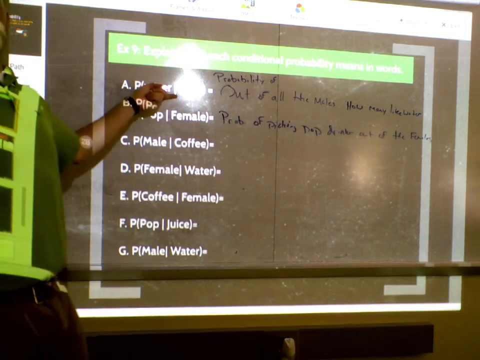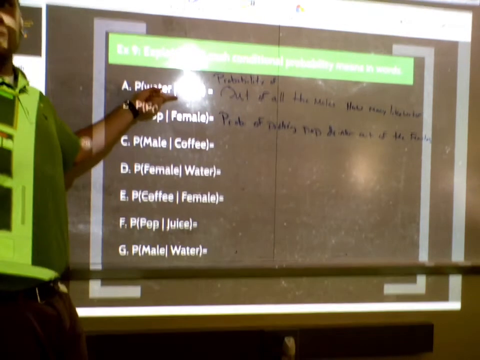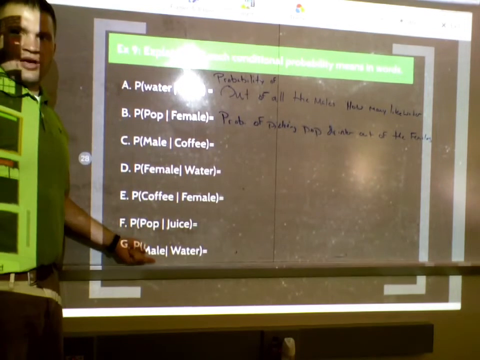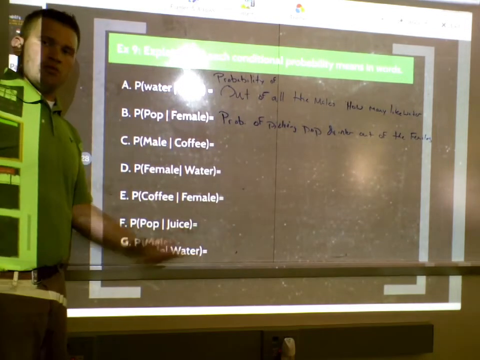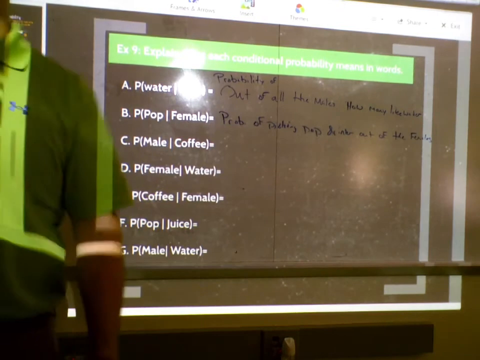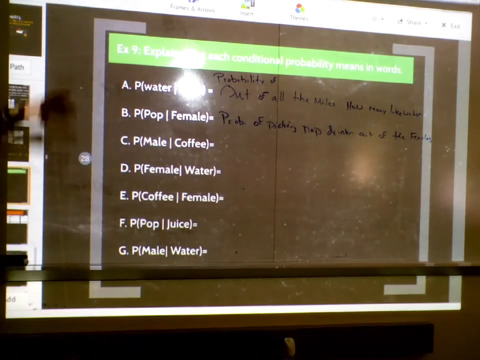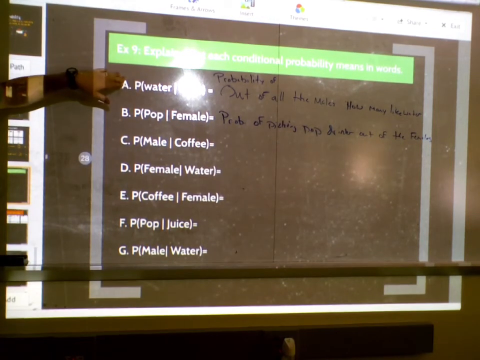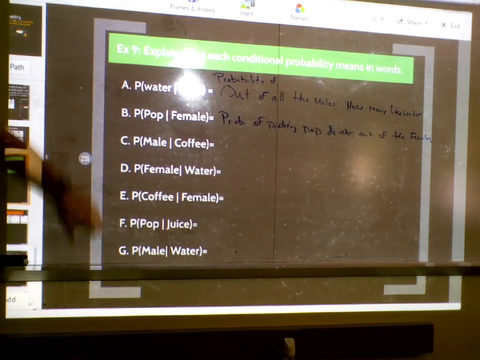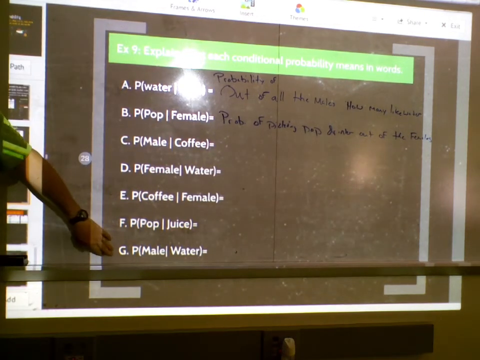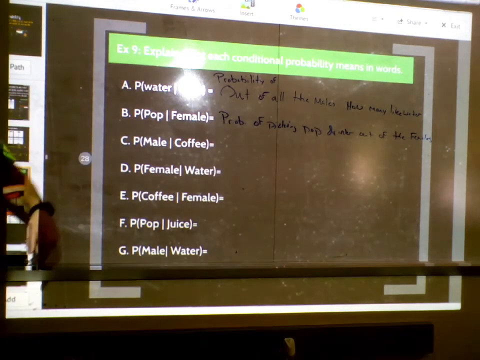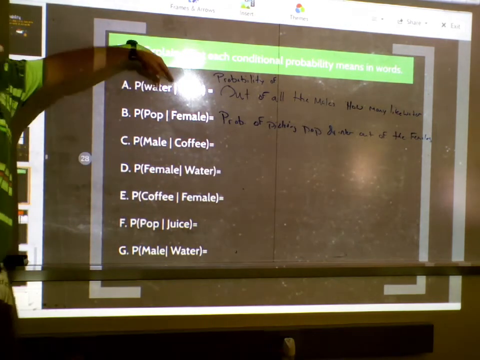This one's the probability of picking a male out of all the people who like water. They're switched around. So this one's the probability of picking a water drinker out of all the males, and this one is the probability of picking a male out of all the water drinkers. Okay, because they're switched.